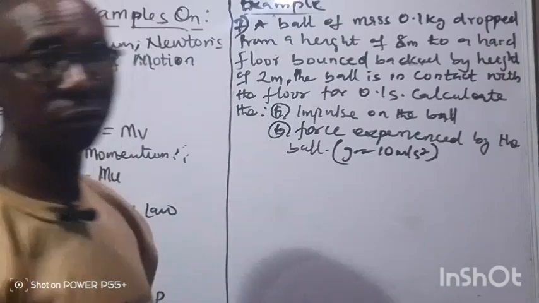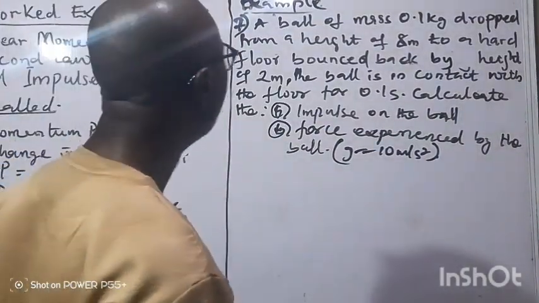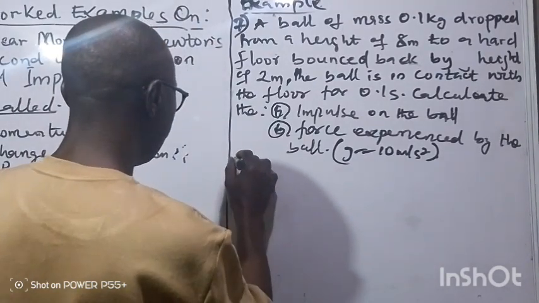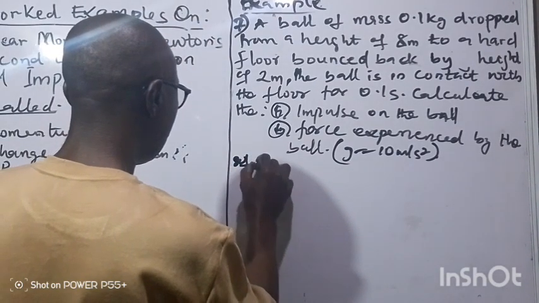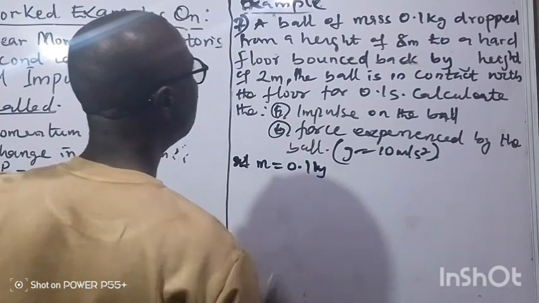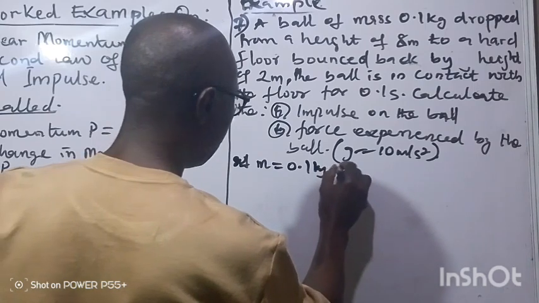Now, let's solve this question. From this question, the mass of the ball is given: m is 0.1 kg. The height from which it is dropped, H, is given as 8 meters.